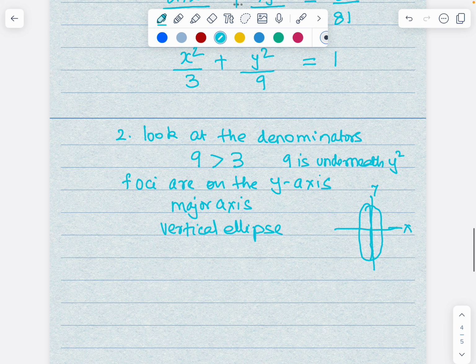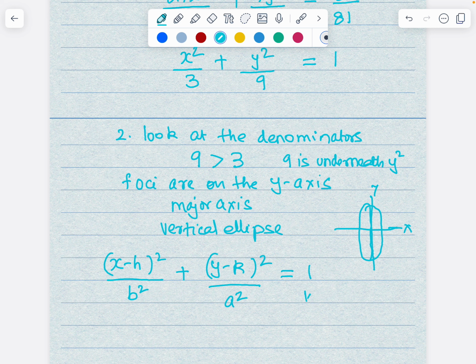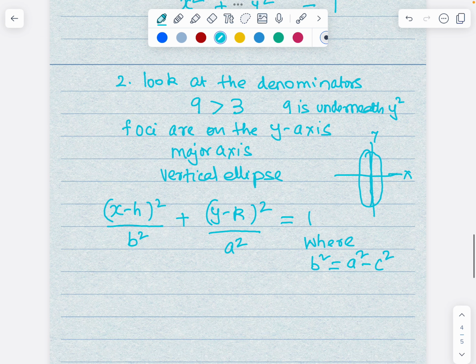So what is the equation going to be if it's the vertical ellipse? We know it's going to be x minus h the whole square by b square plus y minus k the whole square by a square is equal to 1, where b square is a square minus c square. Always remember that. That's the connection.